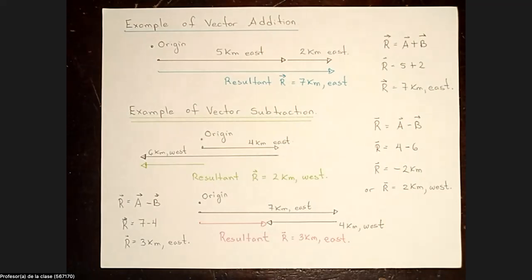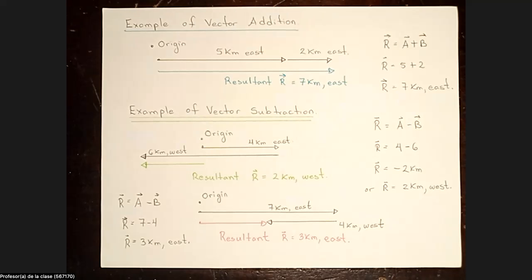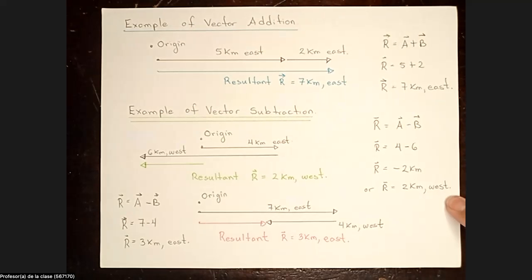They point in different directions, so 4 minus 6, because the directions are totally opposite. 4 minus 6 will be minus 2, and that minus represents 2 kilometers west.